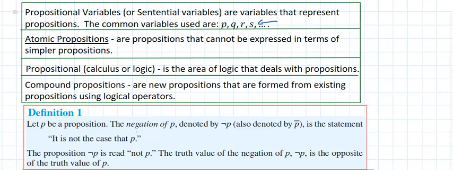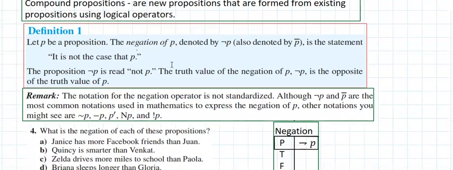Propositional calculus or logic is the area of logic that deals with propositions. Again, they might use those terms. Compound propositions are new propositions that are formed from existing propositions using logical operators. Now, our first definition. Let P be a proposition. So P is some statement.